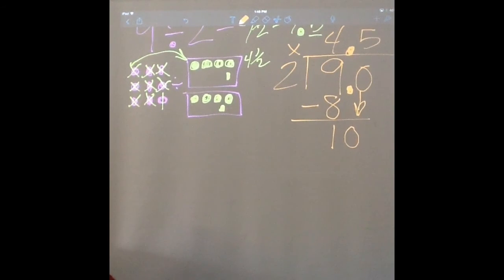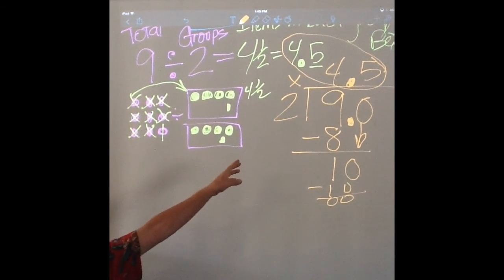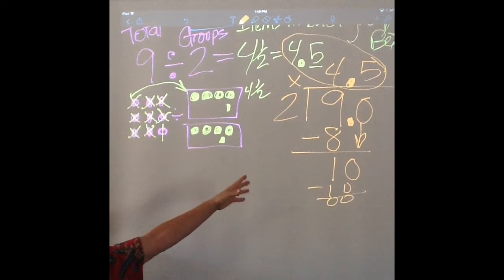So my 5 goes there, 2 times 5 is 10, and I subtract it, and I get 0. So my answer is 4.5. Now check that out. Do you see this is the same? Cool, huh?